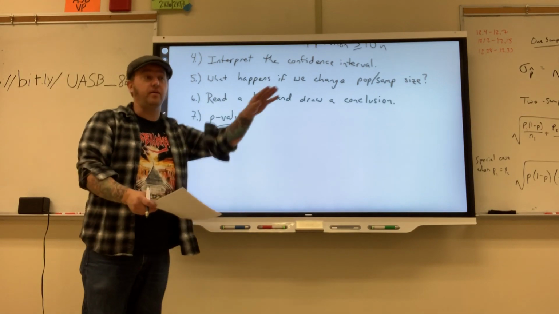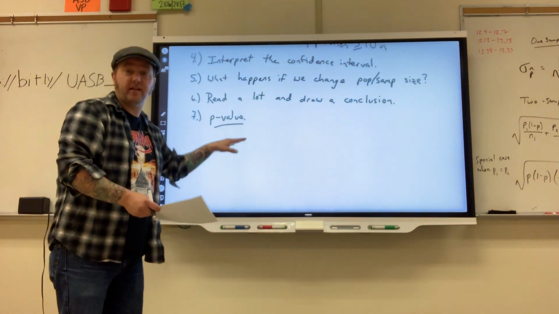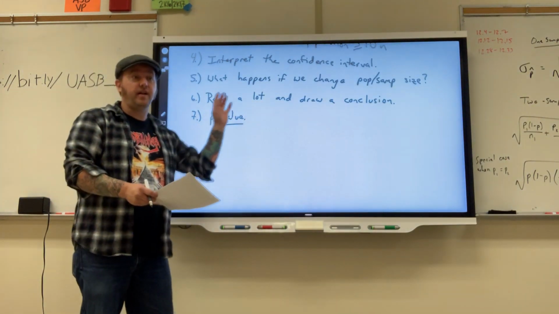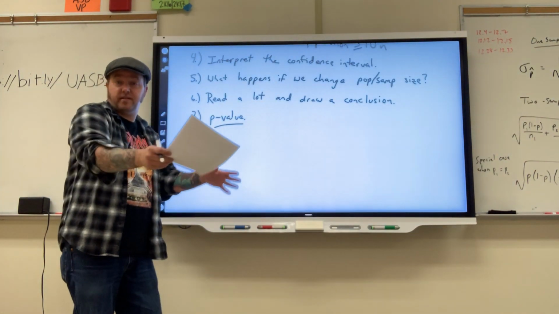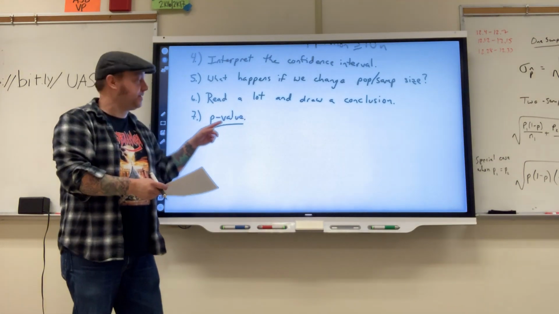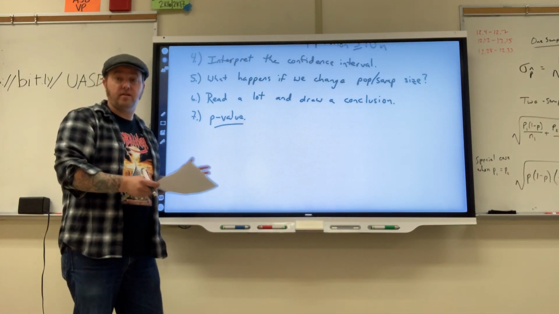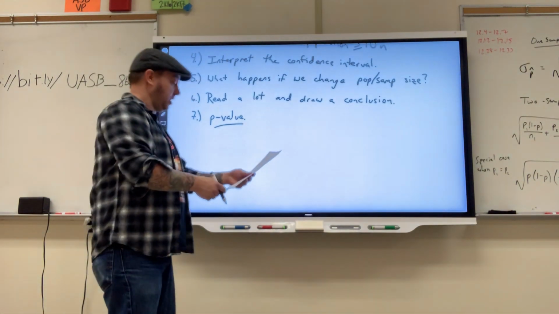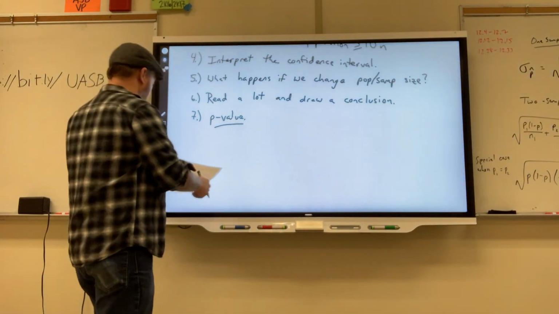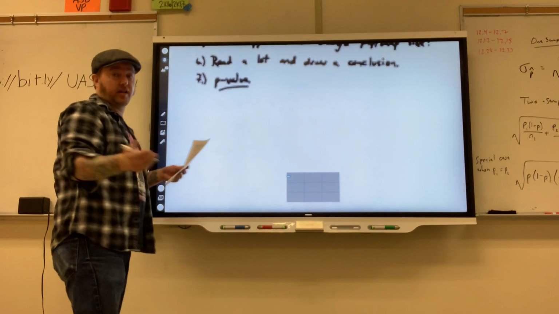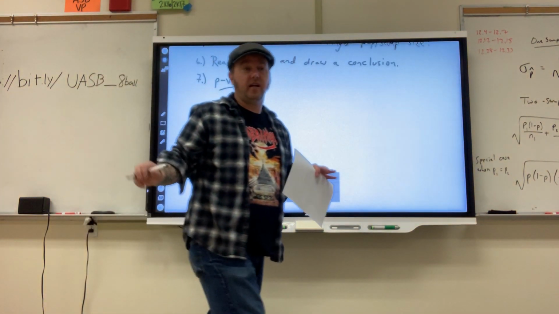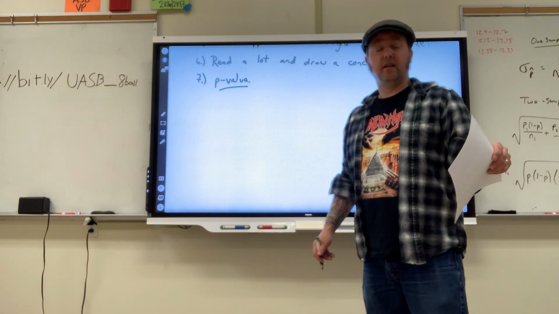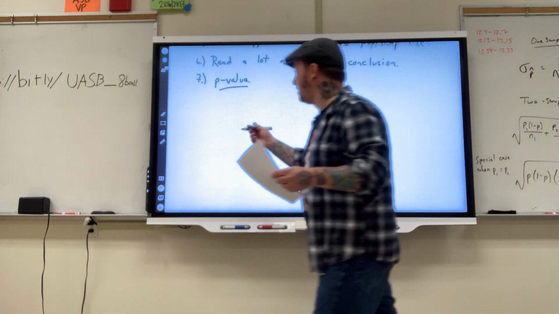That's right, the p-value is the probability of getting a sample proportion that far away from p naught if h naught was true. Perfect, well done. All right, any questions? No? Good. Okay. Excellent.